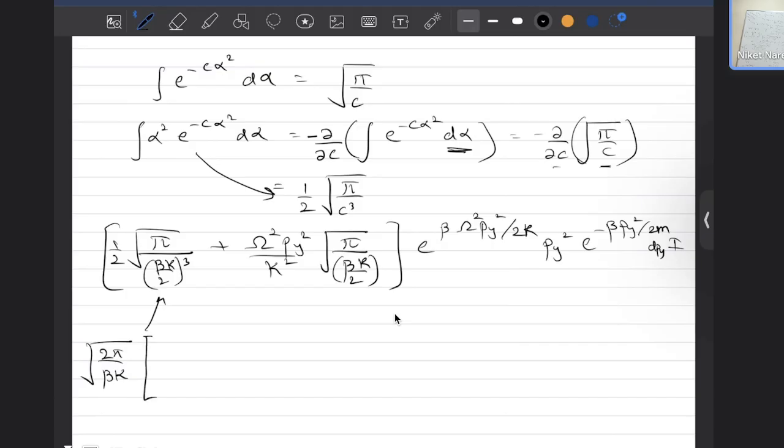Then what I have inside is, firstly, a 1 by 2, because beta kappa by 2 is gone, so you have into 2 by beta kappa. It was squared, but there is a square root, so the square and square root get cancelled. Plus omega square py square by kappa square into nothing. You will have nothing here, right? Yes, this is what it is.